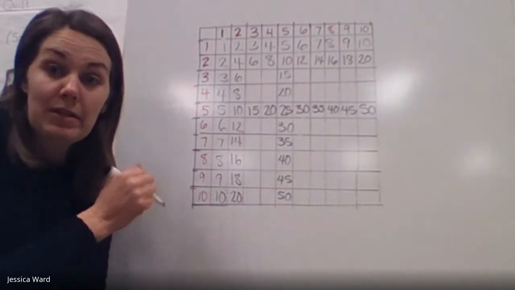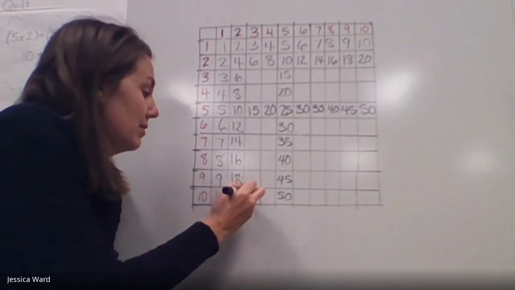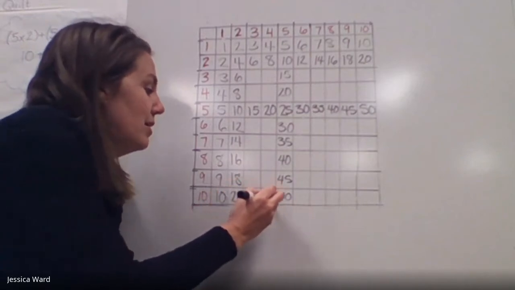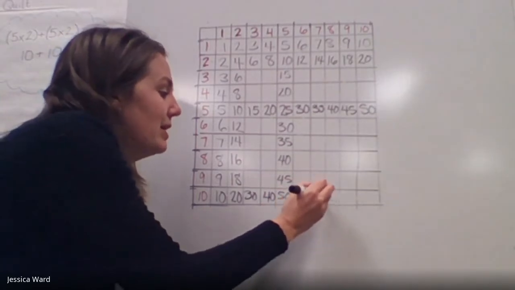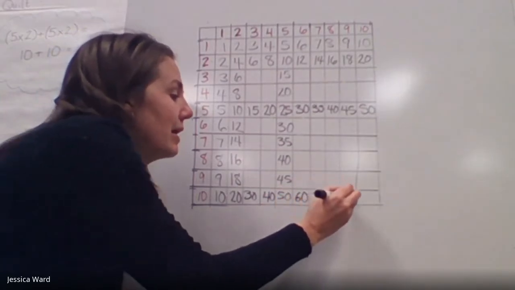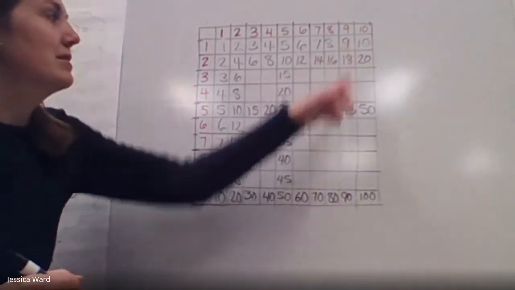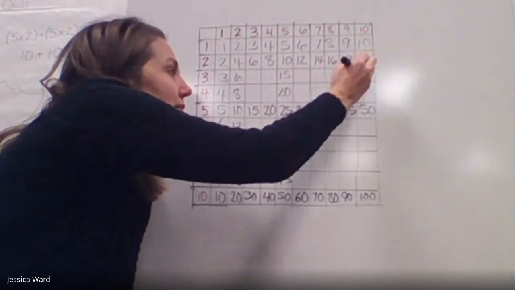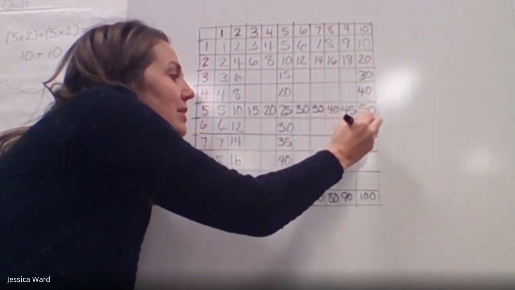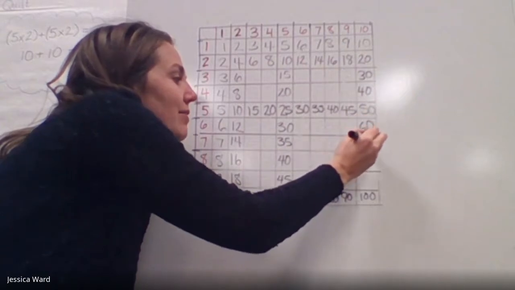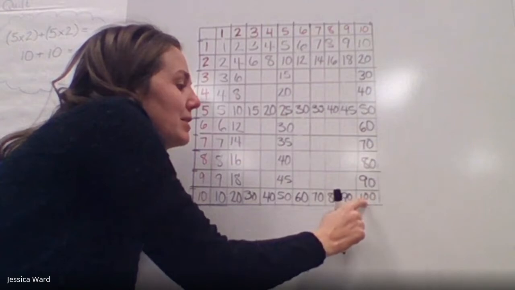So again, skip counting by 10s or adding on 10 more each time. 10, 20, 30, 40, 50 is already there, 60, 70, 80, 90, 100. And then I'm going to do the same thing for my 10s column: 10, 20, 30, 40, 50, the next one is 60, 70, 80, 90, and my next one is 100, which is already there.